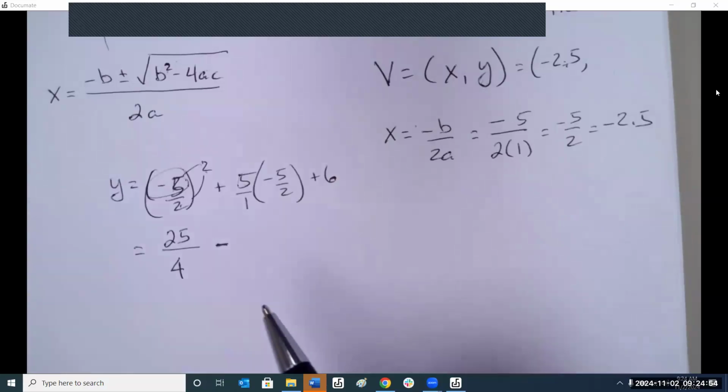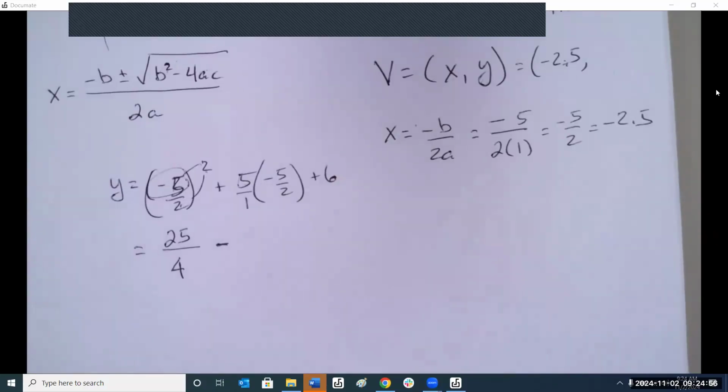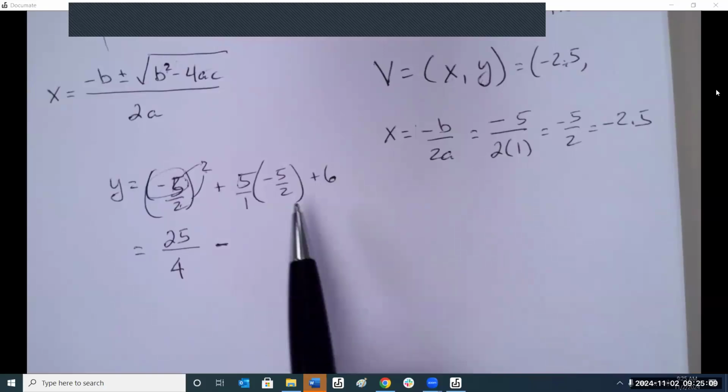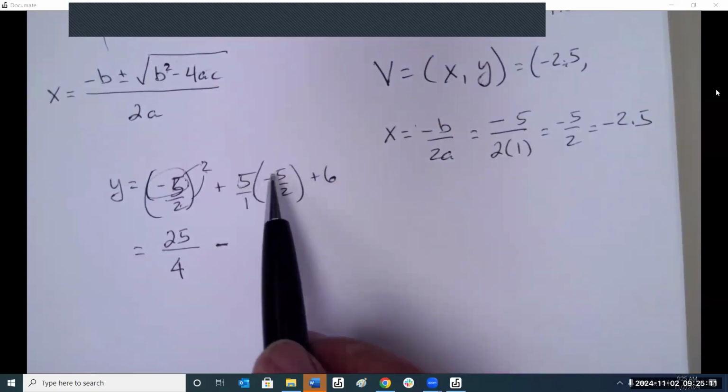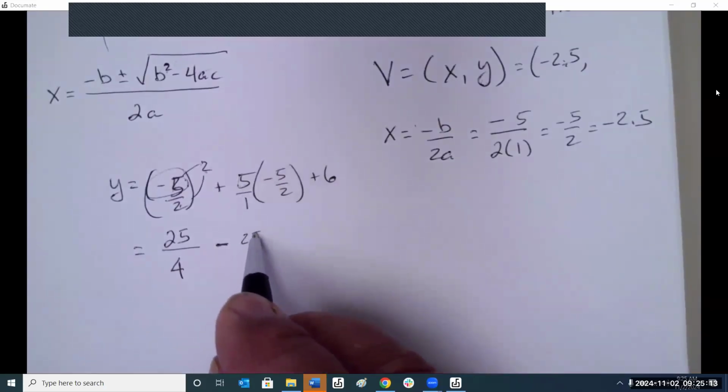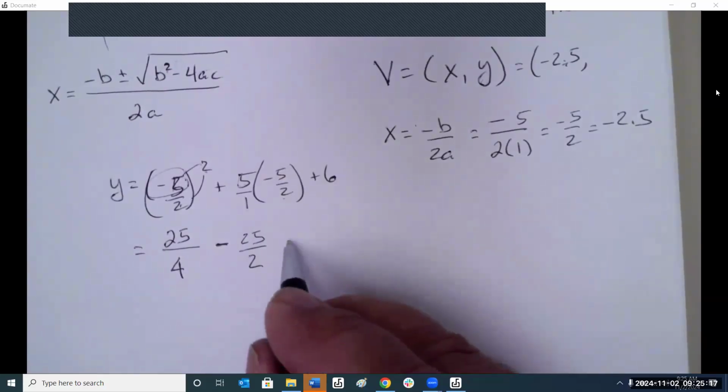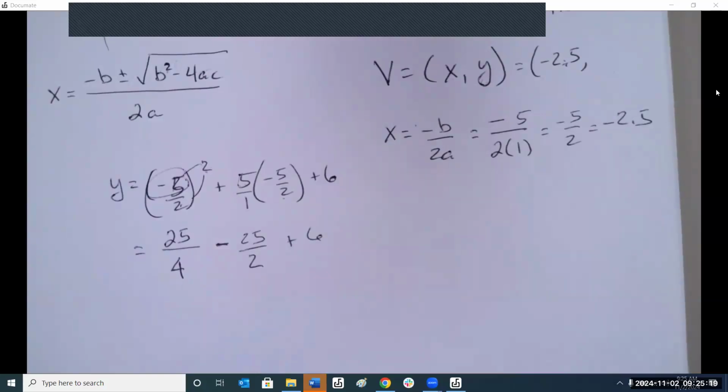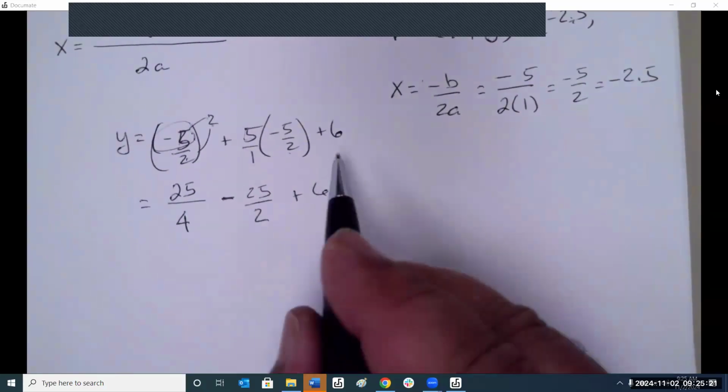No. The rule is, before you multiply two fractions, always reduce first, if you can. Since nothing cancels, 5 times 5 is 25. 1 times 2 is 2. Plus 6 over 1.